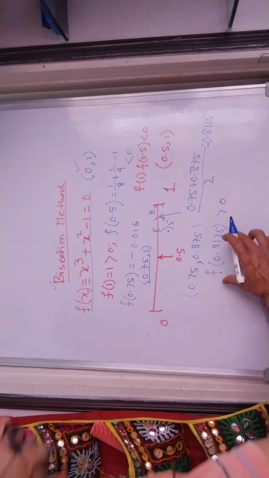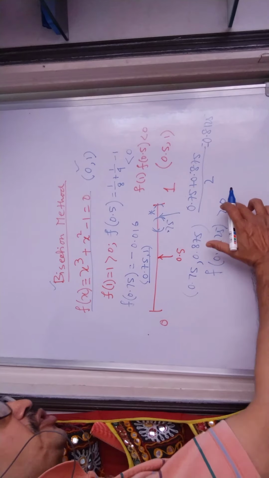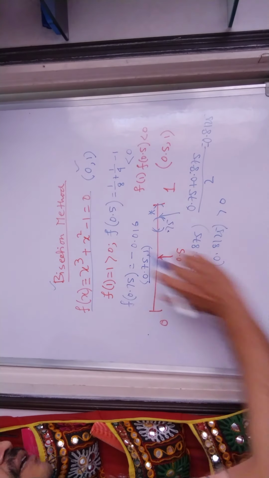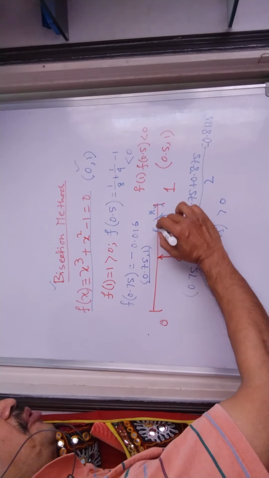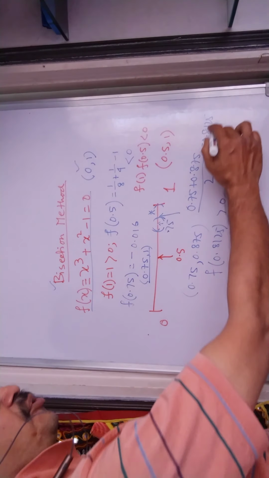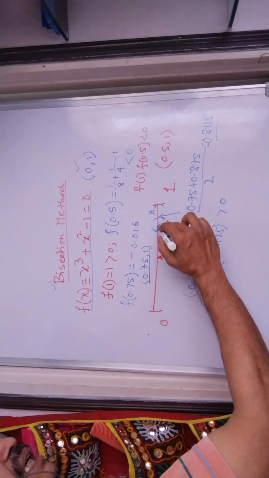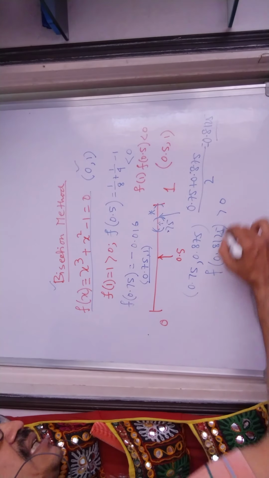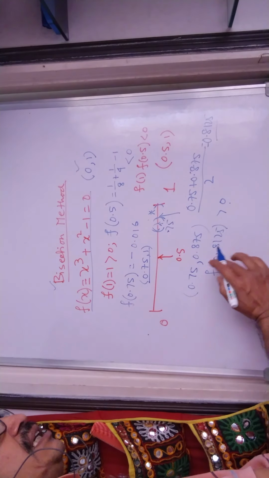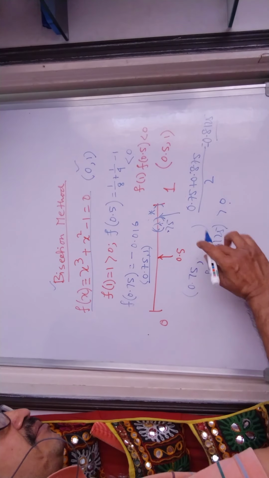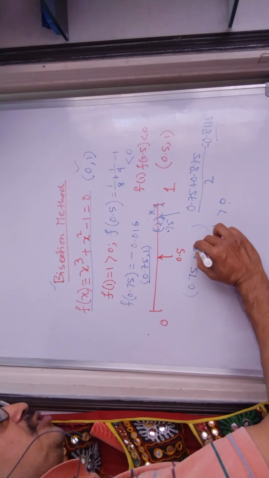And since f(0.75) is negative and this middle point 0.8125 gives a positive functional value, we must have the root in between 0.75 and 0.8125.